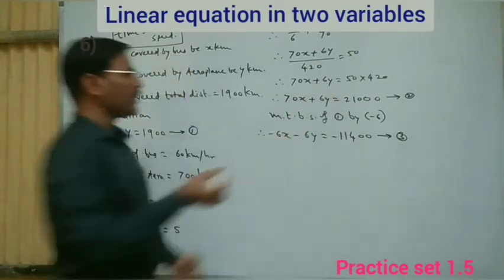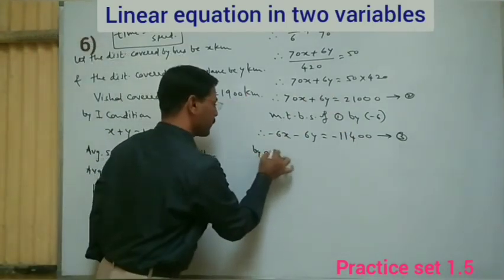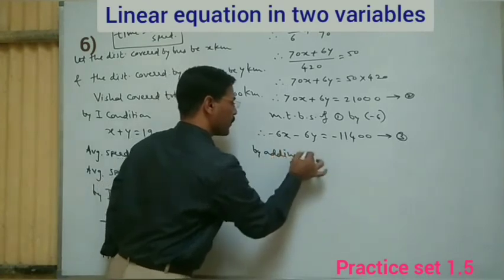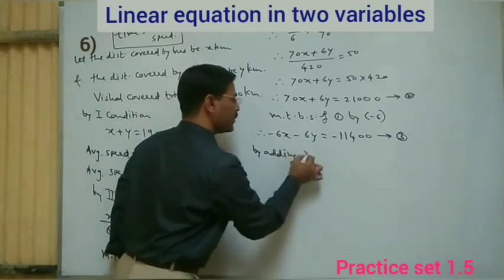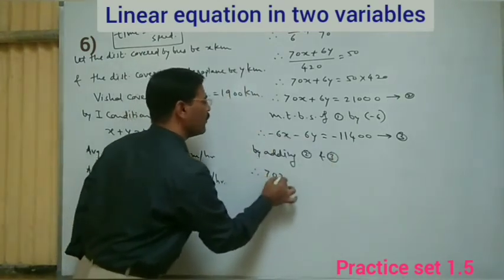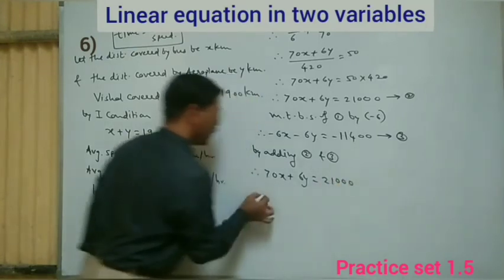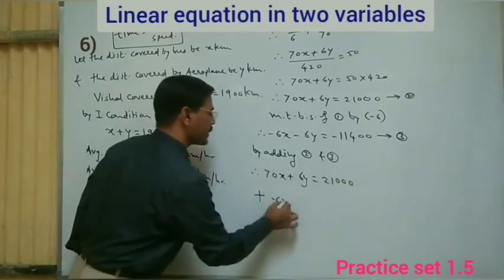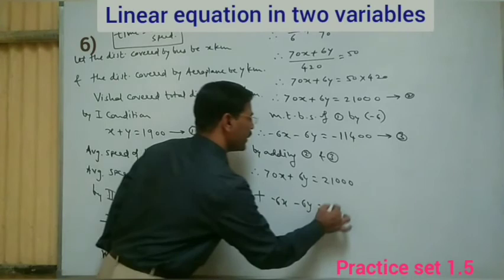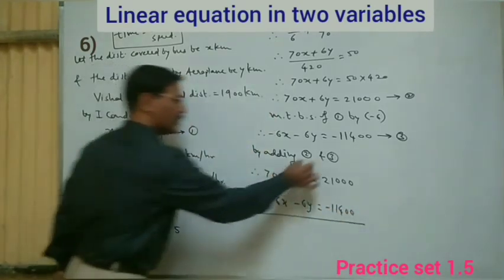Now second and third, it is very easy to add them. By adding second and third, what can you write? Okay, friends. See, these are very simple. Only we need what? Concentration. Okay, by adding, minus 6x minus 6y is equal to minus 114, so this one getting cancelled.